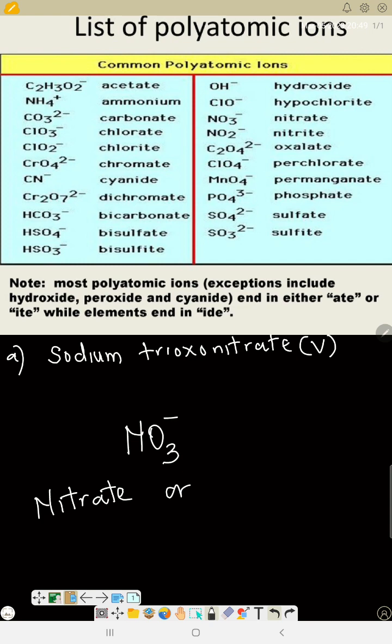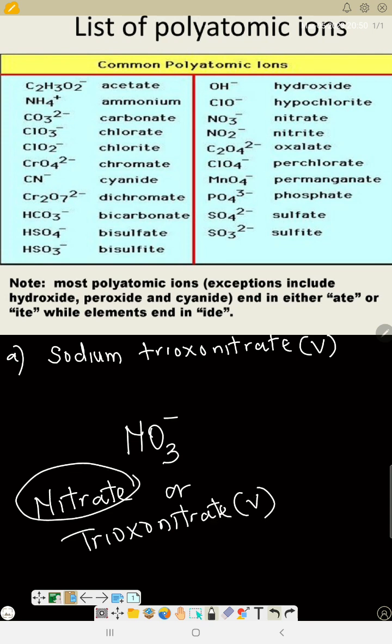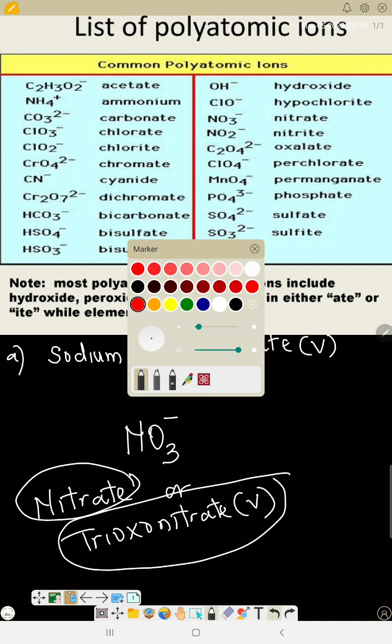or trioxonitrate 5. So either you call it nitrate in short or you call it trioxonitrate 5. Now look at what we have here.